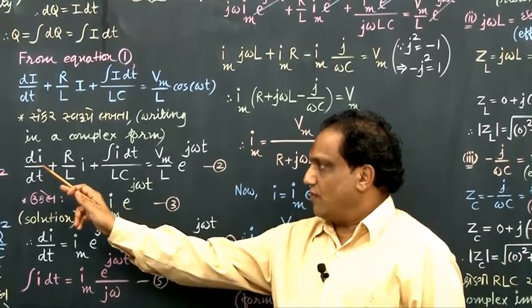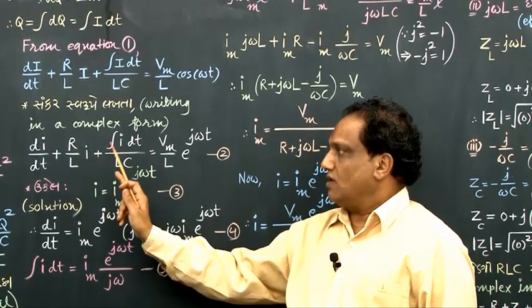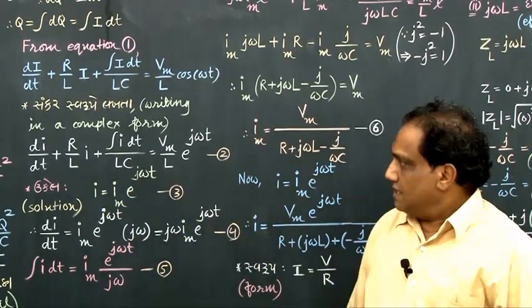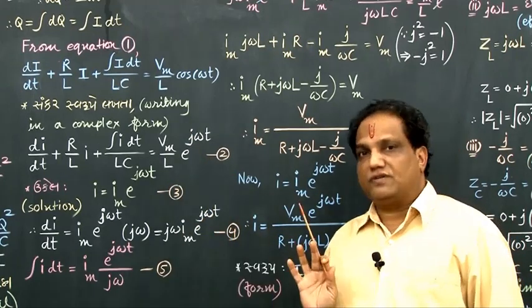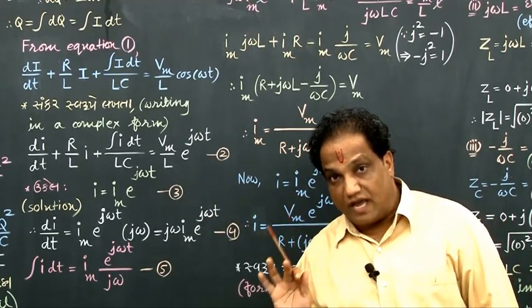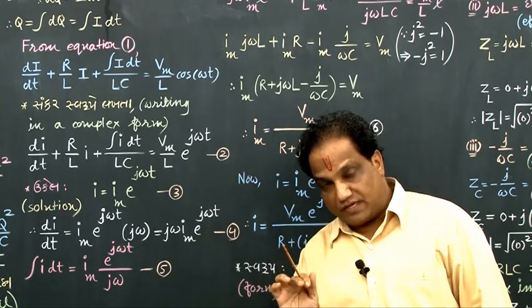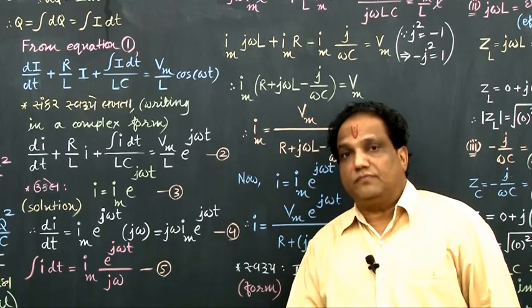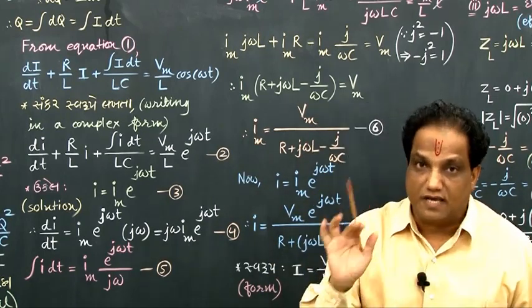Now this equation is in terms of complex current small i. Correct? The right hand side indicates that it is a periodic function of time. If the given equation is periodic in terms of time, then its solution also must be periodic in time.